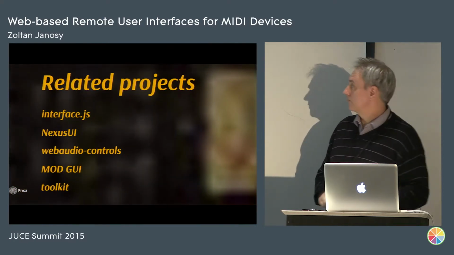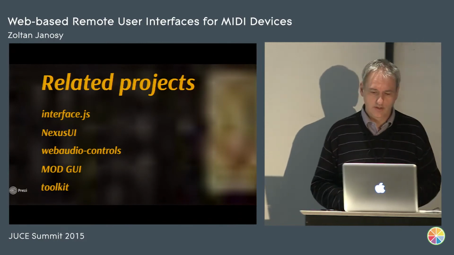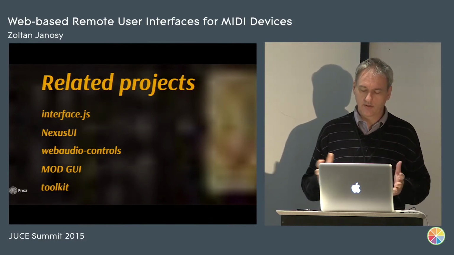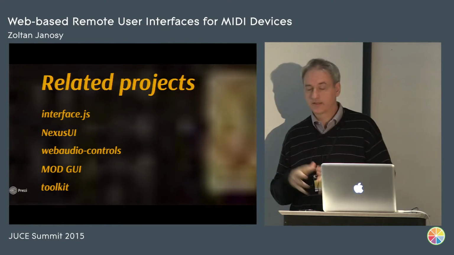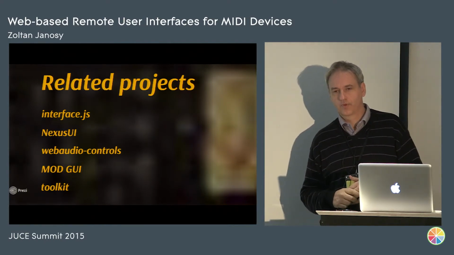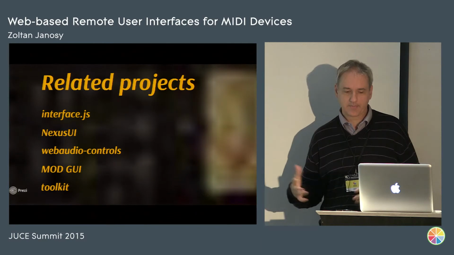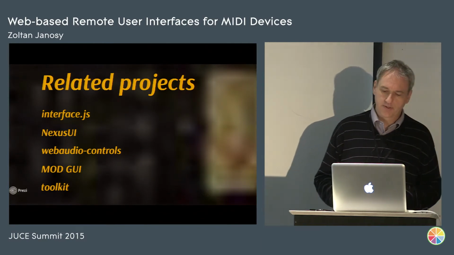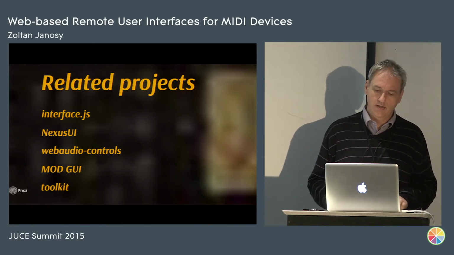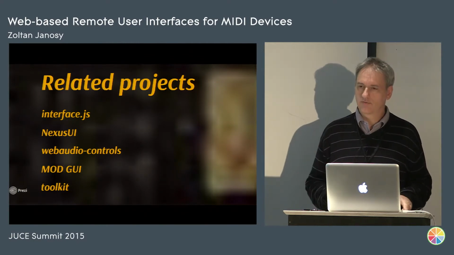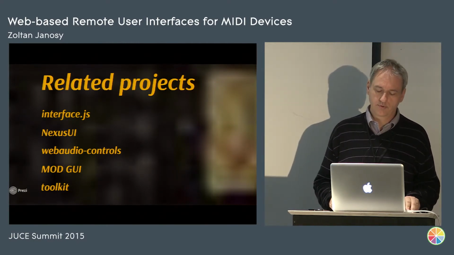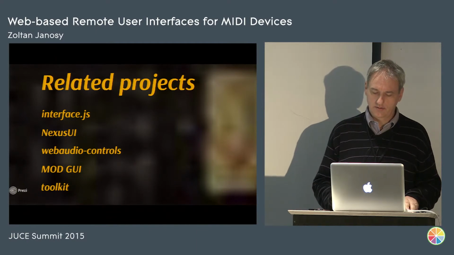Now I have little time to show some of the examples. I didn't find any project that already implements all of these ideas, but there are some related ones. The first two, Interface.js and Nexus UI, are more like academic projects where some university guys put together some things.